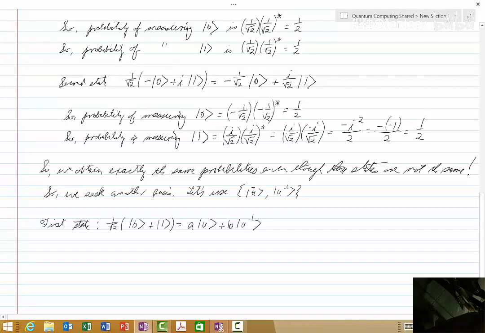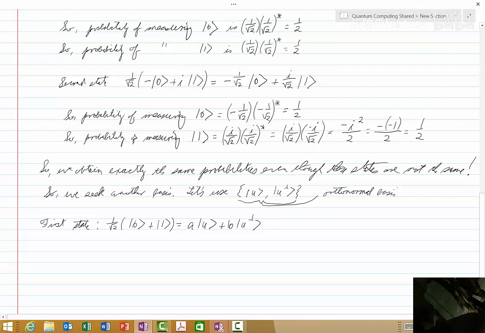And not only that, but any state is normal. So each one of these has been normalized, so each one of these is a unit vector. So this right here is an orthonormal basis.